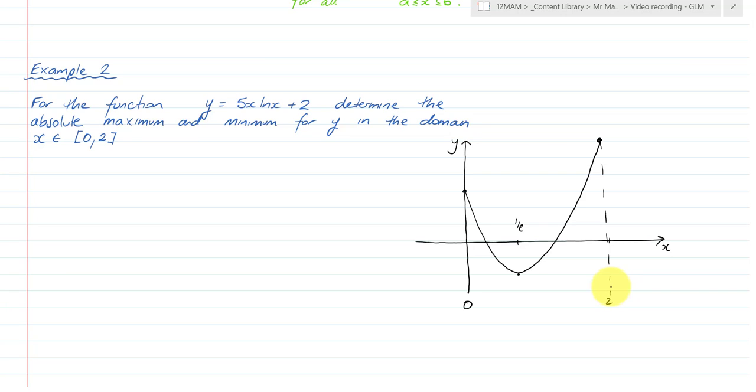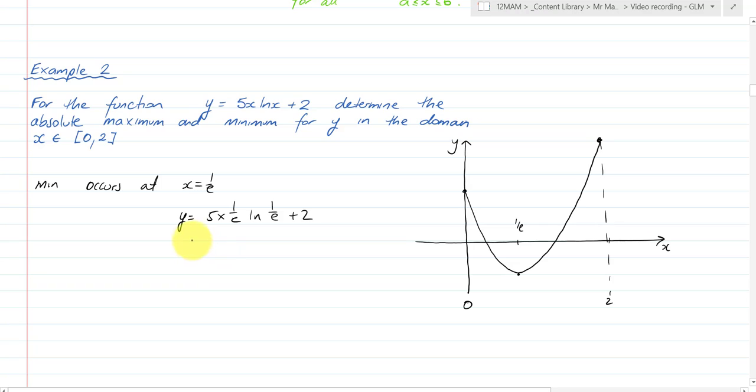That information tells me that the minimum occurs at x equals 1 on e, and so y is equal to 5 times 1 on e times log of 1 on e plus 2, and log of 1 on e is log of e to the negative 1, which is negative 1, so it's 2 minus 5 on e, whatever that is.